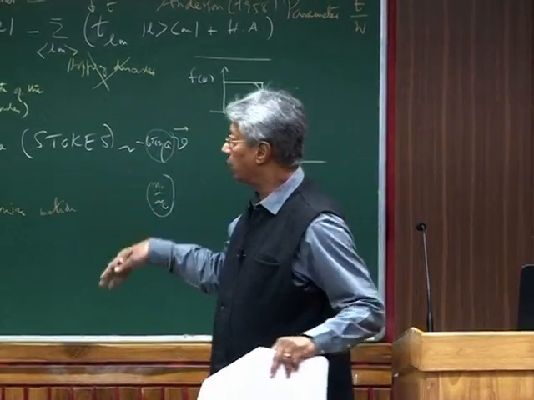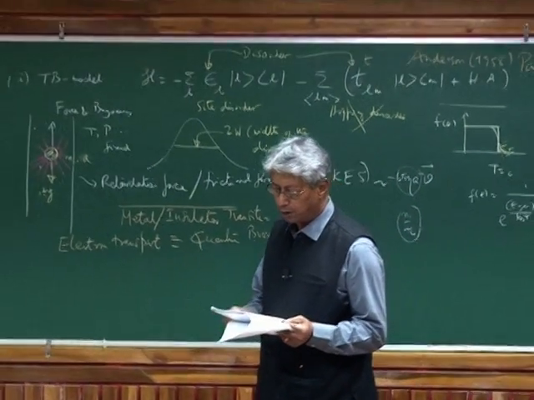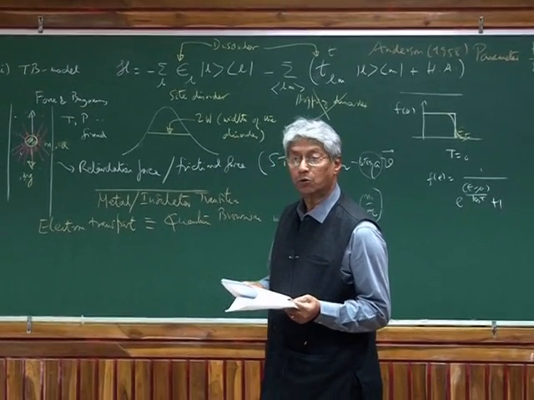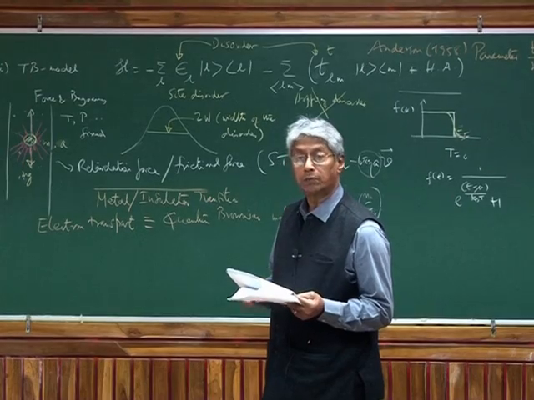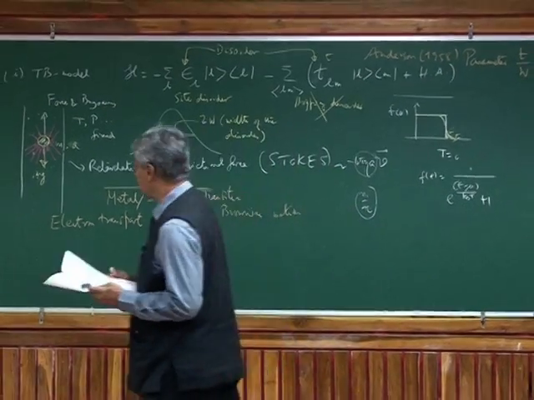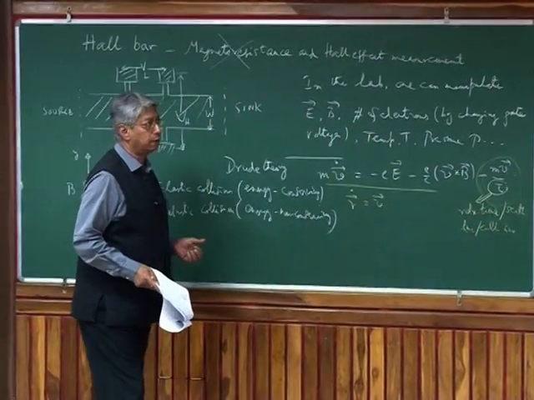Then there'll be the last lecture, where I don't know whether I'll be able to go into something very remarkable conceptually, what's called the Landauer formula. Let's see if we have time to do that, and we meet again at 3:30, and that will be the last lecture.